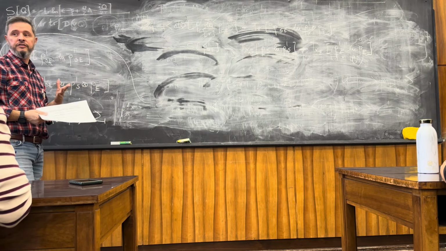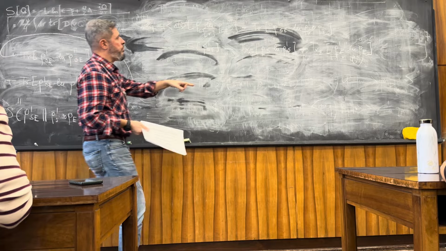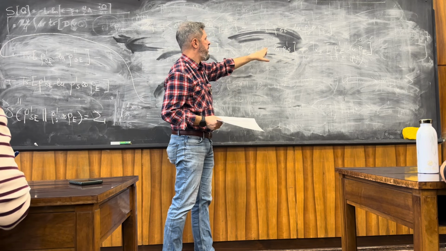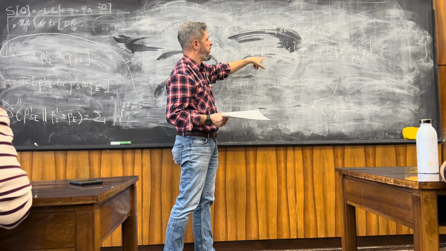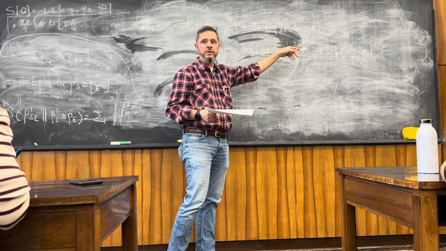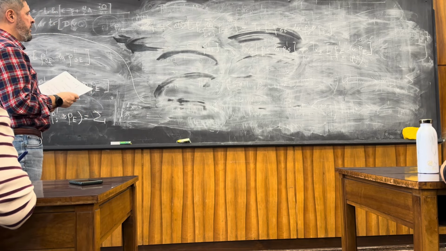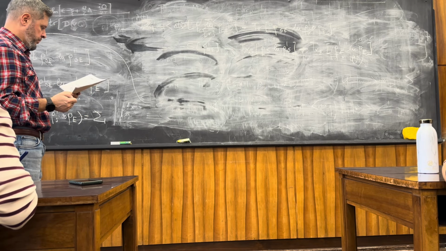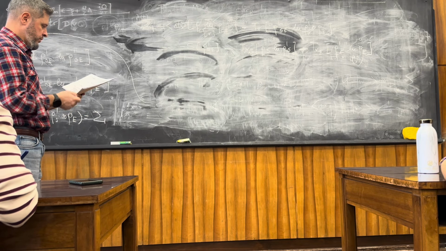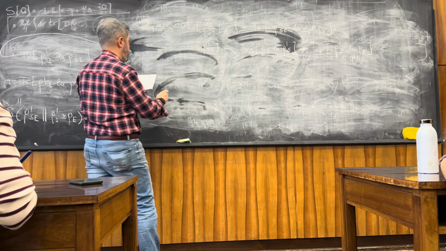If you think about the definition of rho prime S and rho E, rho prime S is the trace over the environment of rho prime SE, and rho prime E is the trace over the system of it. That's what you get. And now we do some cosmetics.